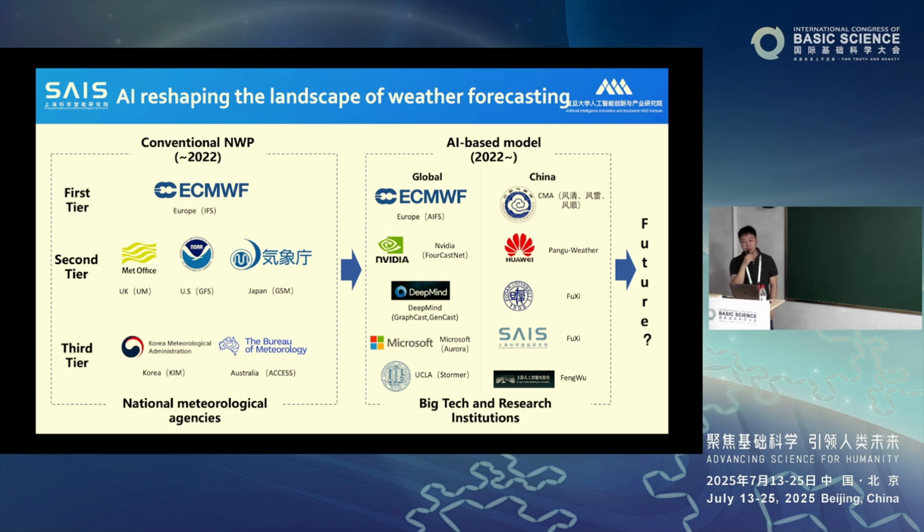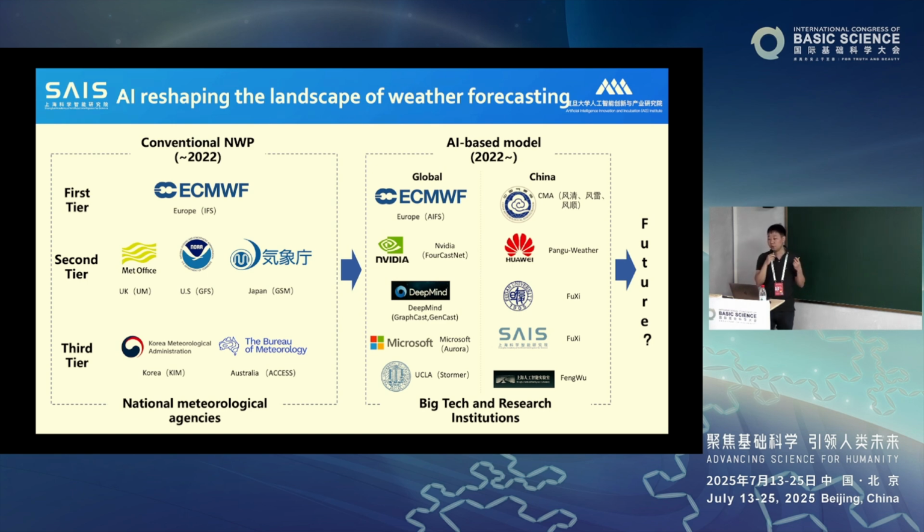After 2022, there is an increasing number of AI-based weather forecasting models that achieve comparable or even superior statistical performance relative to conventional NWP models, like those from NVIDIA, Google's DeepMind, Microsoft, and also research institutions like UCLA, FuXi from Fudan University, which is where our group is, and Fengwu from the Shanghai AI Lab.